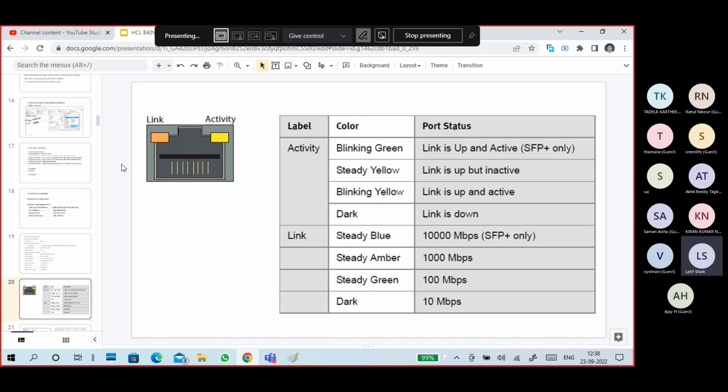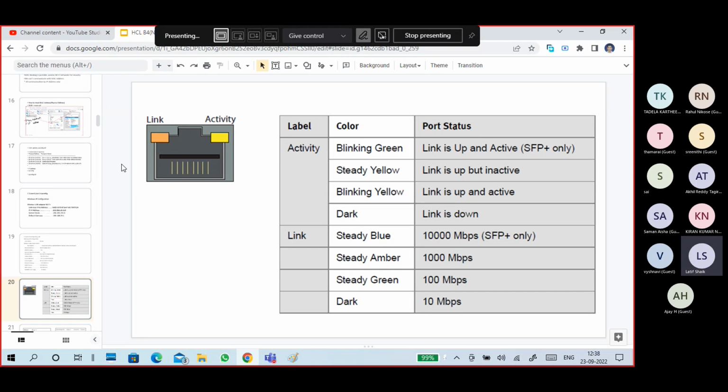One is there may be a wire problem, or maybe your PC's NIC drivers are not installed, or you disabled the NIC in your PC. Either you disabled your NIC or the drivers are not installed. Or maybe a cable problem, or a switch connectivity problem.